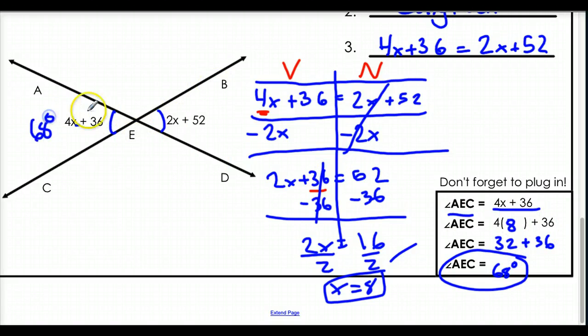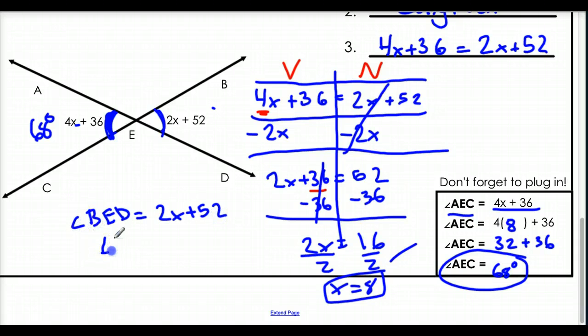68 degrees. Now, you might be done with this lesson. You can go do your thing, leave. But let's just check to see if we got this right. These two angles, if we were right, should be the same thing. So if I plug in 8, I should also get 68 for BED. We know BED is equal to 2x plus 52.